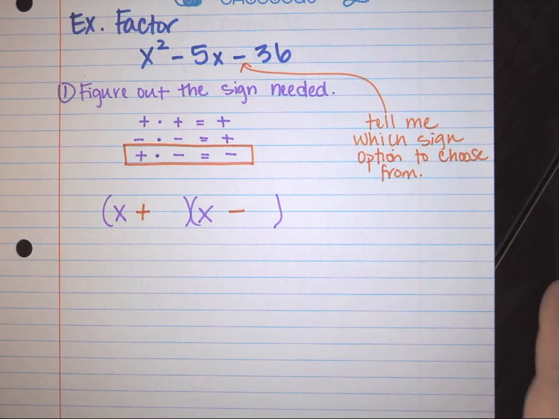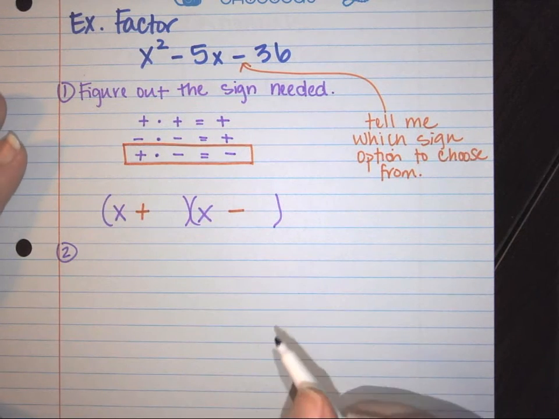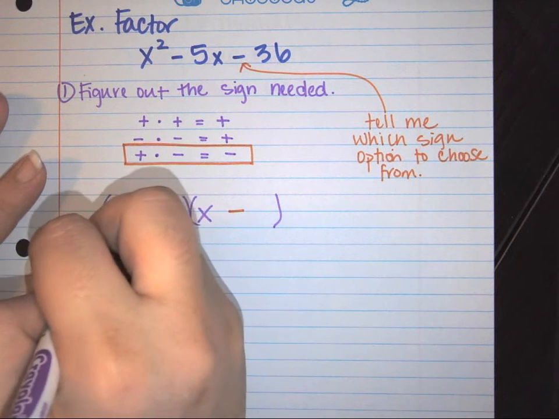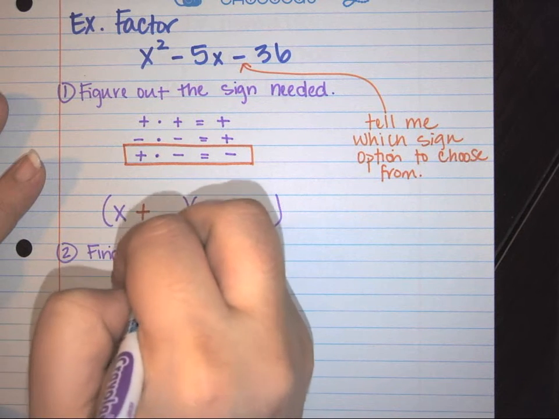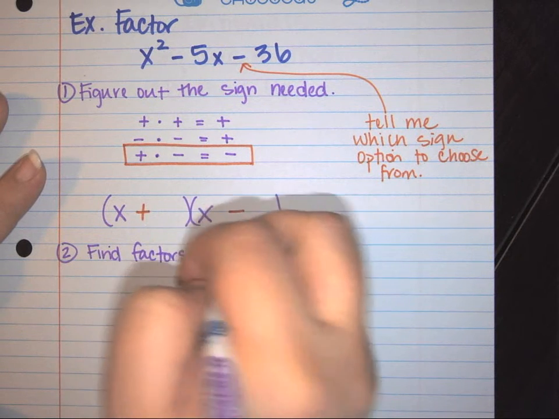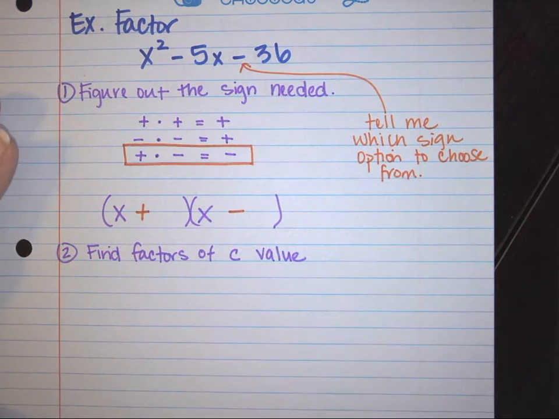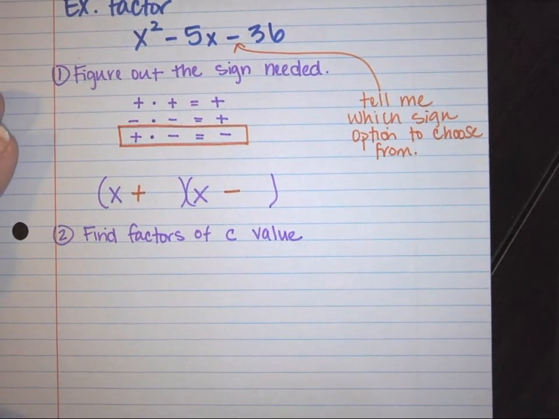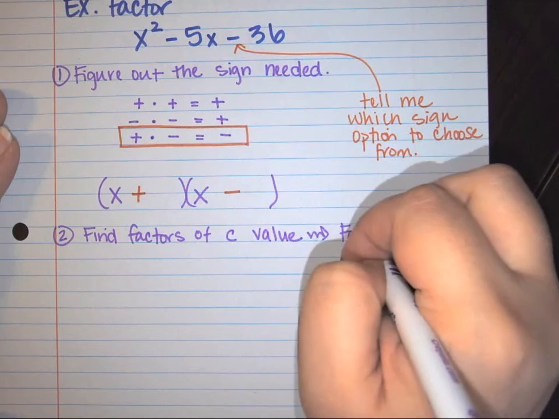Now, the second thing that you have to know is we need to find factors of the c value. Okay. So this is where we're going to do the factor tree.